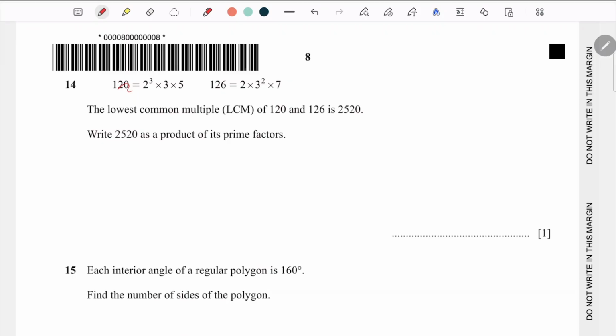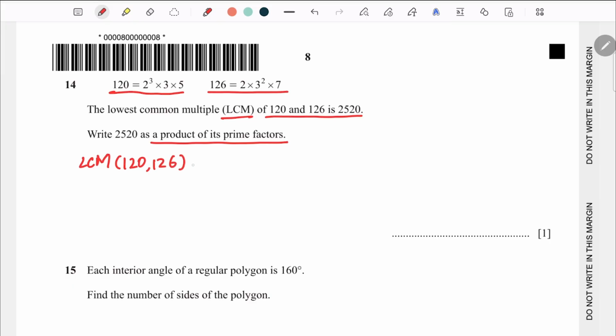Question 14. 120 has been prime factorized, 126 has been prime factorized. The lowest common multiple, meaning LCM, of 120 and 126 is 2520. Write 2520 as a product of its prime factors. So the LCM of 120 and 126 is 2520. This is given to us in the question.